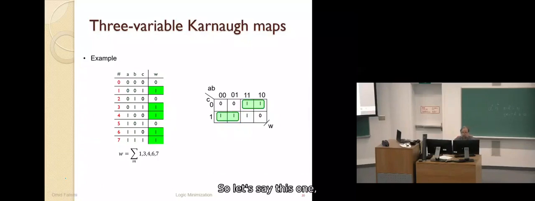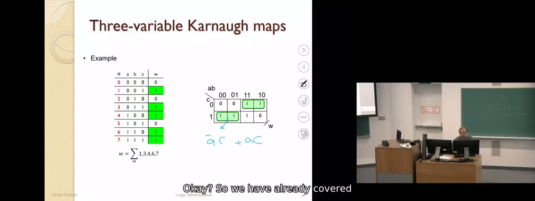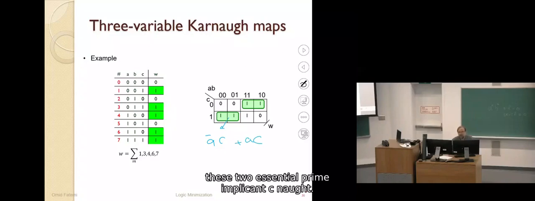So our essential now is these 2. And I told you, first we pick these 2 essential and we write it. So let's say this one is C A naught. This is A naught C. And this is A B. This is C naught with A. Okay, so we have already covered these 2 essential prime implicant. C naught A. Okay. But we have one left.